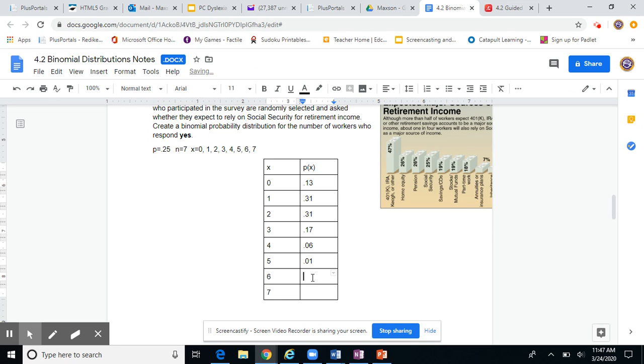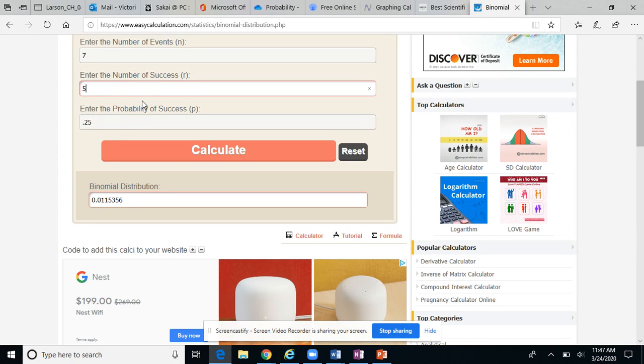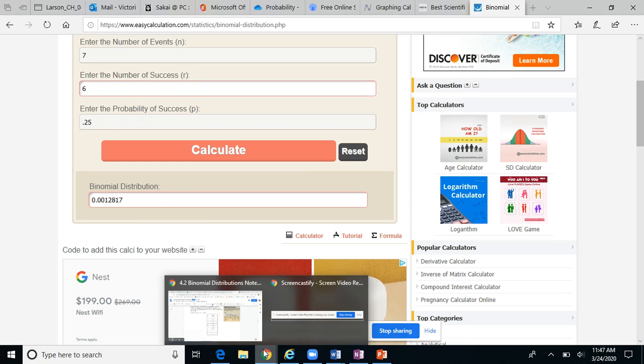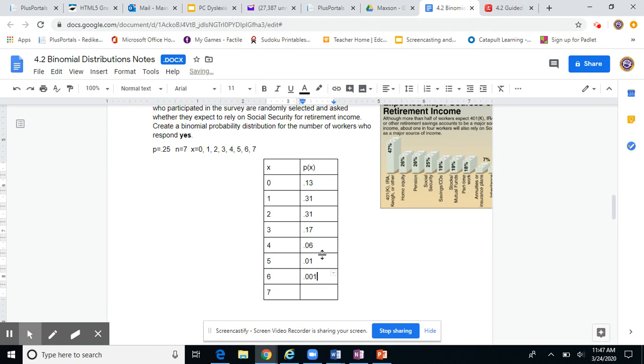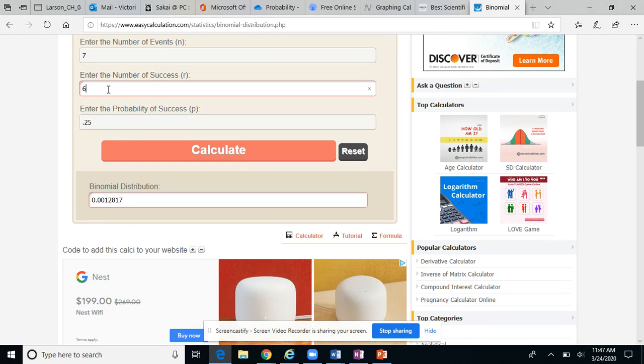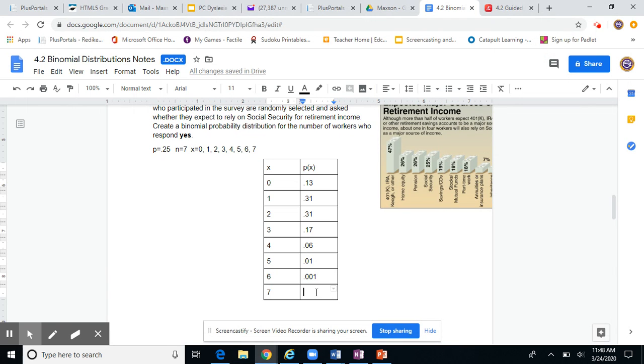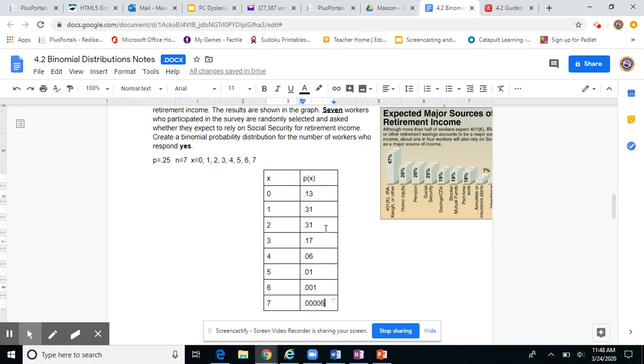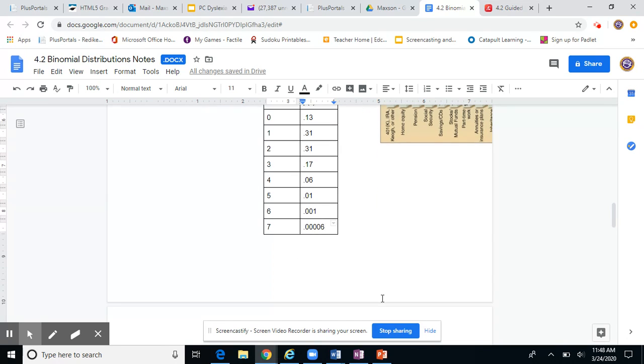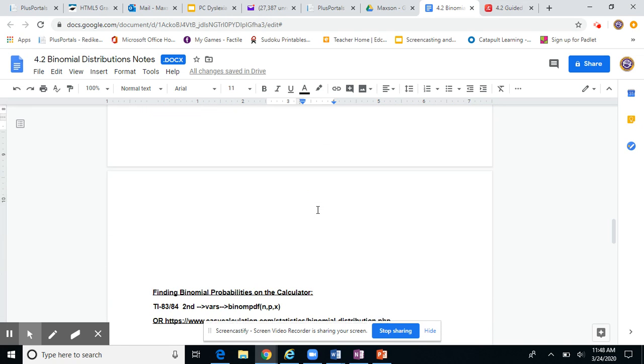For 6, we get 0.001. And for 7, we get 0.00006, so that is 4 zeros. As you can see, when you are lower down here, you have smaller probabilities, then it increases, and then it starts to decrease again, and that will typically be what you see in your distribution.